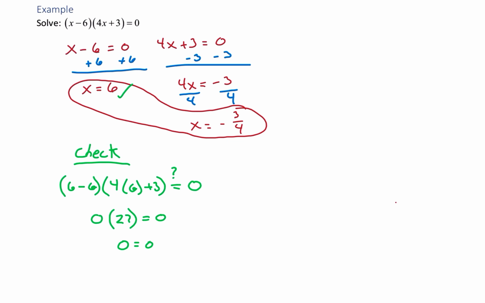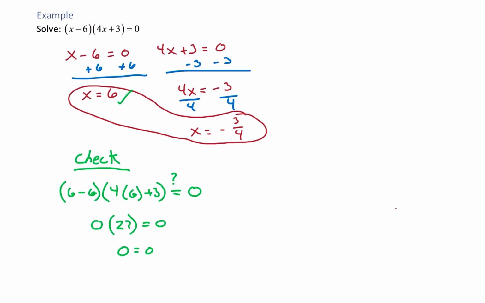Next, we'll check the other answer, negative 3/4. Plug it into the original equation. Everywhere you see an x, we'll replace the x with negative 3/4. And again, we're asking, is that a true statement? Is that equal to 0?